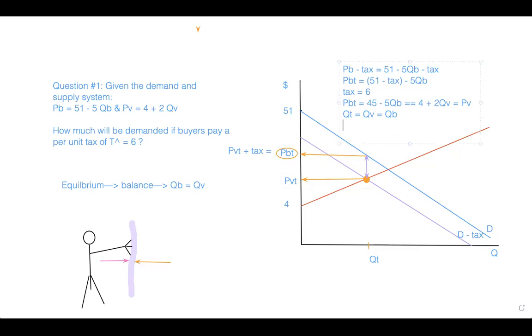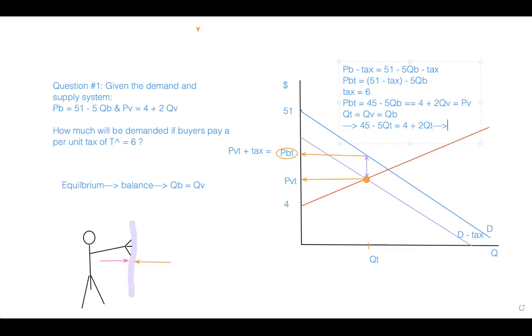And then finally, I can go ahead and substitute QT in for all the QBs and the QVs. And I'll end up with this, which is 45 minus 5 QB, but now it's going to be QT, is equal to 4 plus 2 QT. And then I can solve for QT.